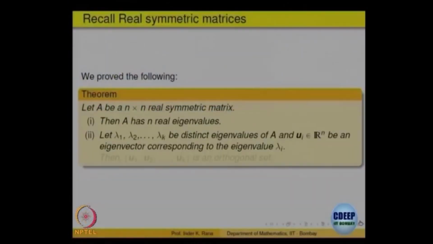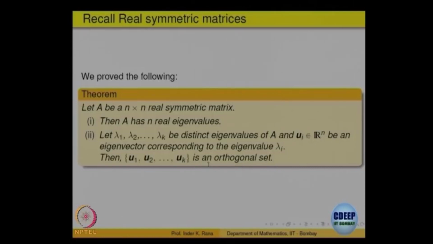Okay, so let us begin today's lecture by recalling that last lecture we had proved the following theorem: if A is an n cross n real symmetric matrix, one, it has n real eigenvalues, and secondly, if lambda 1, lambda 2, ..., lambda k are distinct eigenvalues and the u_i's are corresponding eigenvectors, then the set u1, u2, ..., uk is an orthogonal set.